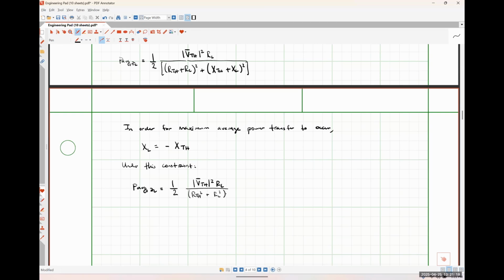No, that's wrong. Sorry. That's where the squared should go. My apologies. So how do we maximize this thing?